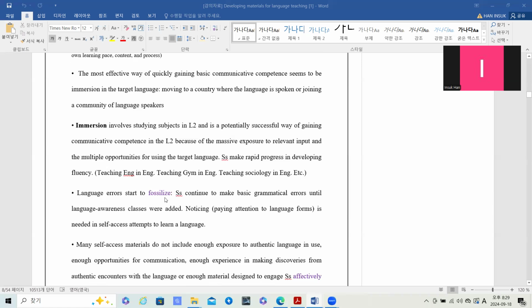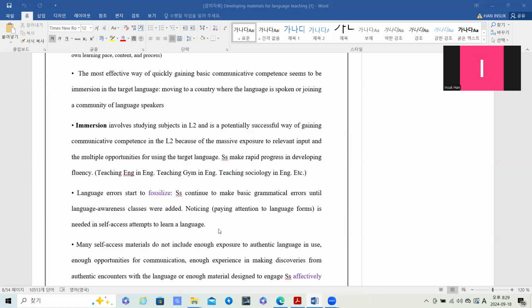Language errors start to fossilize. Sometimes by repeating some mistakes or language errors every day, we can fossilize our errors. In this sense, some language teachers need to figure out what mistakes their students frequently make, and sometimes explicitly let them know what their language errors are.